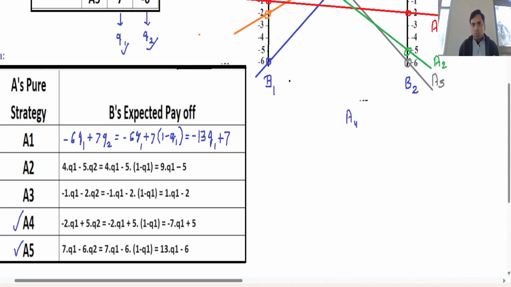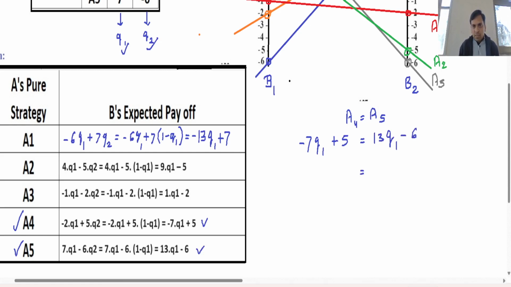So A4 equals A5, and on equating we get minus 7 Q1 plus 5 equals 13 Q1 minus 6. So now we can find the value of Q1.